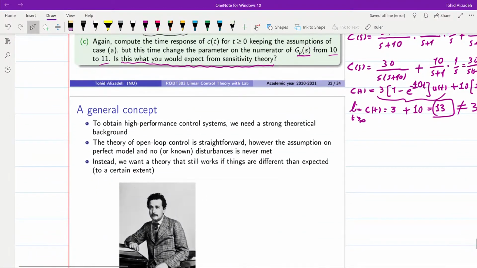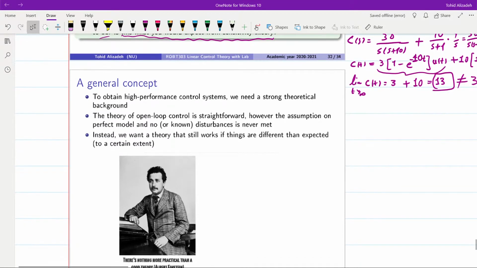Alright, so having gone through that example, here we have the general concept. If you want to obtain a high performance control system, we need a strong theoretical background. The theory of the open loop control is straightforward.